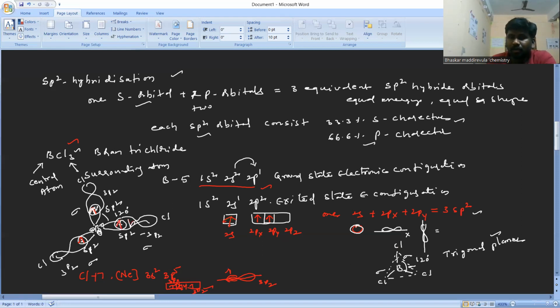We have to keep in mind that hybrid orbitals overlap to make only sigma bonds; they never form pi bonds. So like this, we get our molecule boron trichloride with trigonal planar geometry and a bond angle of 120 degrees. So this is about the sp2 hybridization.